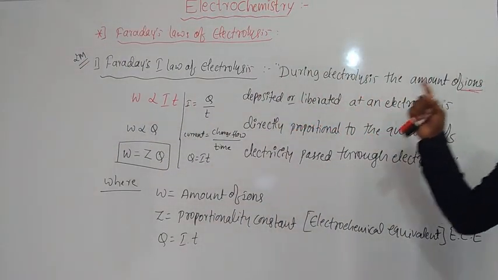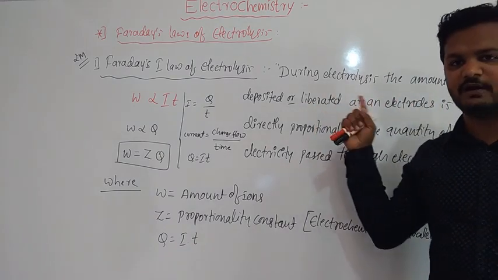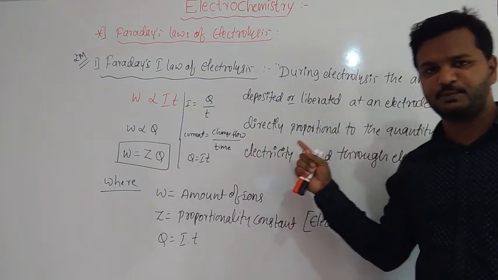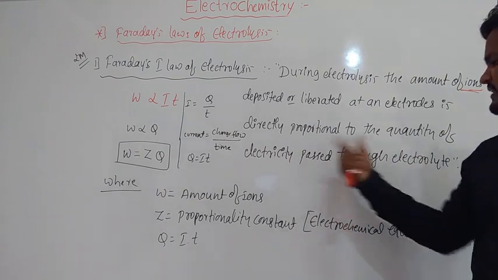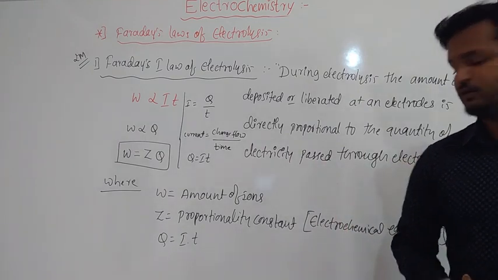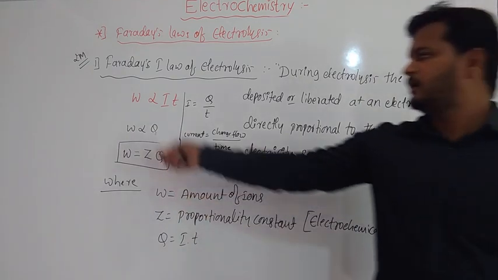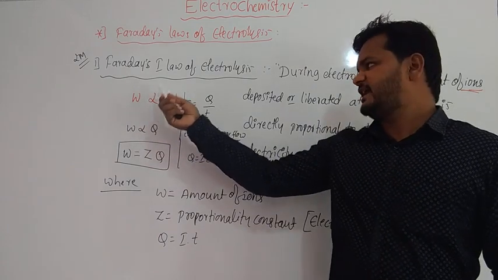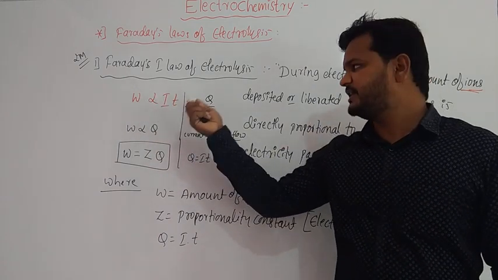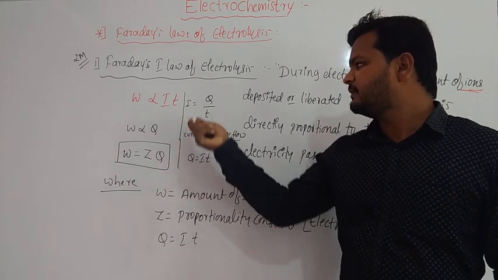During electrolysis, the amount of ions deposited or liberated at an electrode is directly proportional to the quantity of electricity passed through the electrolytes. The amount of ions W is directly proportional to the quantity of electricity passed in time t. Here I is nothing but current.